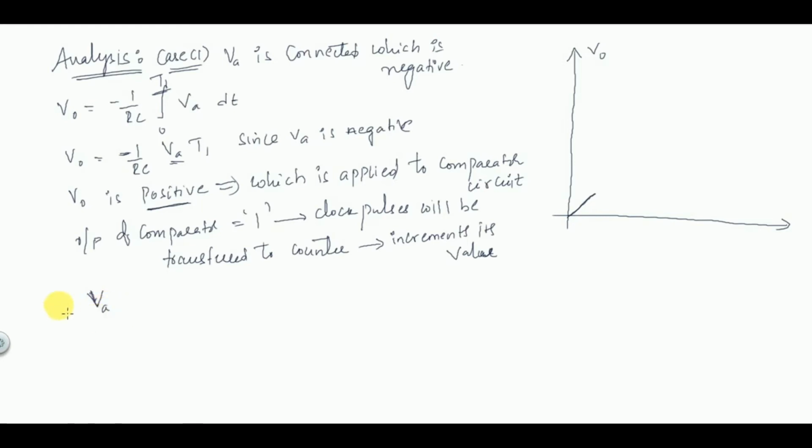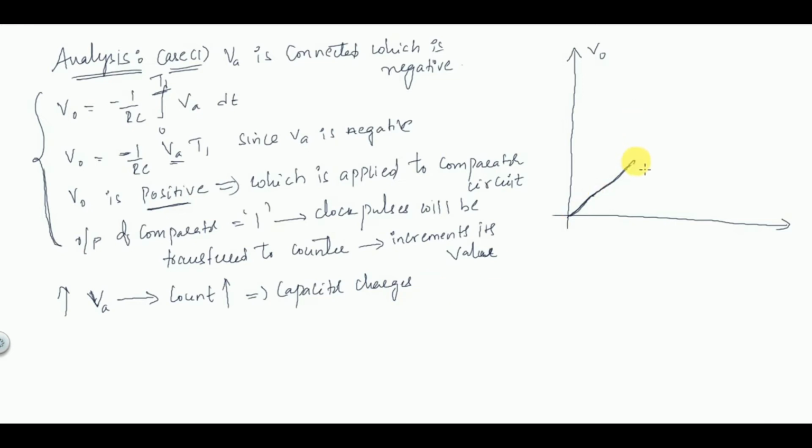If you increase VA, then the count value also increases. The same process will happen here: the count value increases and the capacitor charges further, to a higher value.